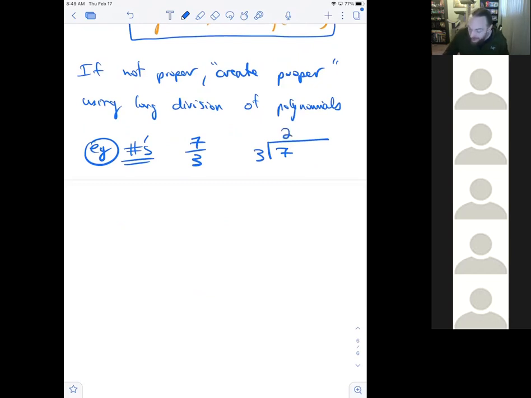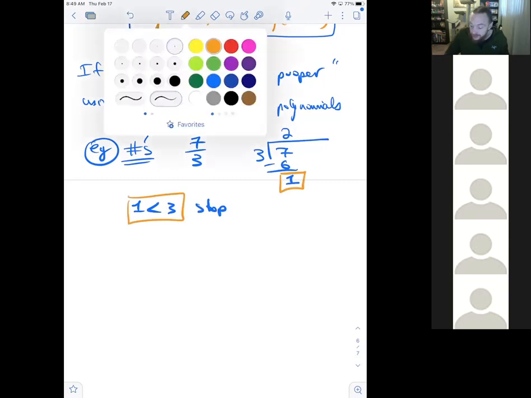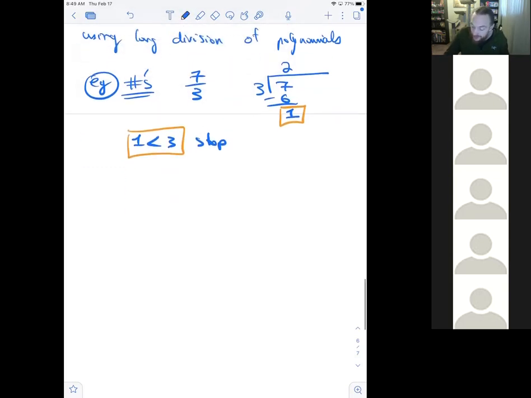I have to multiply by 2. I get a 6. I subtract, I get a 1. When the 1 is less than the 3, we can stop. And this tells us that I can write 7 equals 2 times 3 plus a remainder of 1. This is using the division algorithm.